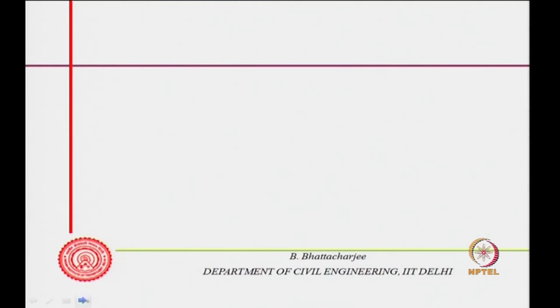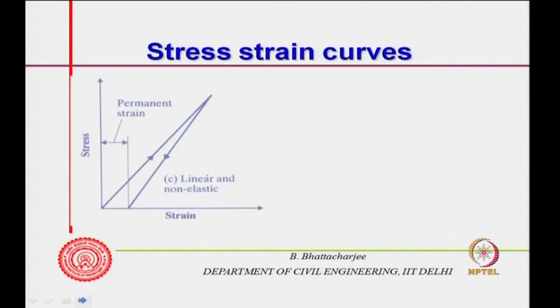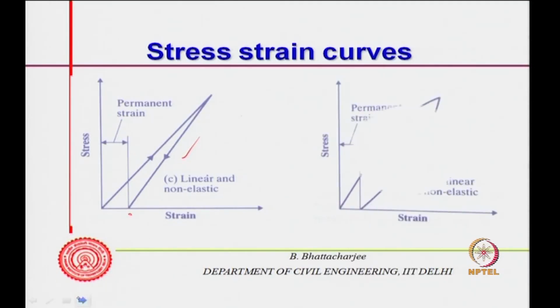And if we follow it further, this is linear, but inelastic or non-elastic, it does not come back. So, there is a residual permanent strain. And this is non-linear and non-elastic. So, there is permanent strain, it goes like this, at some level of stress you go, and when you come back it does not close in.